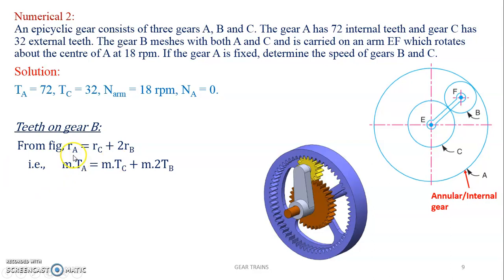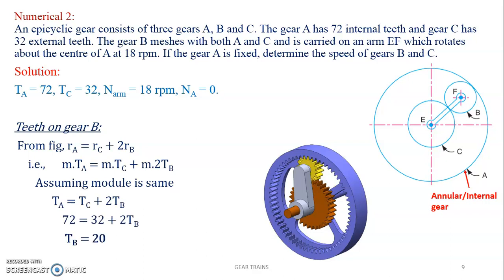So RA = M × TA, RC = M × TC, and 2 × M × TB. Assuming the module is the same, since nothing about the module is mentioned, M is common for all and cancels out. So TA = TC + 2TB, and when I calculate, I get the number of teeth on gear B as 20. So this is the first step.